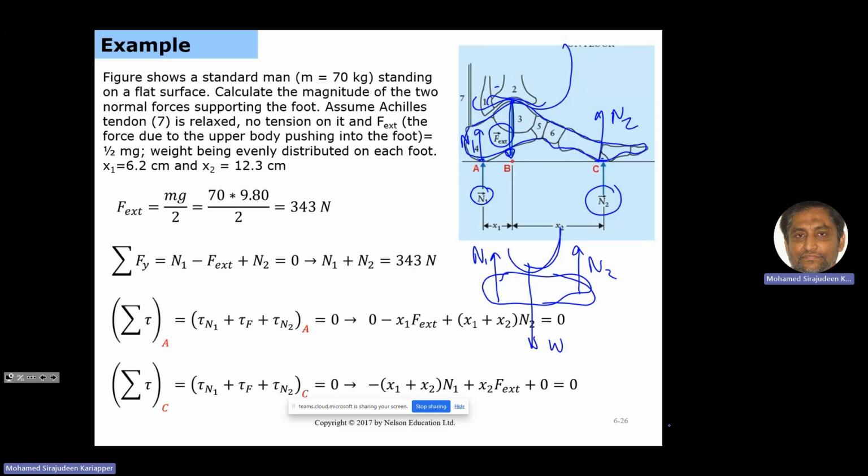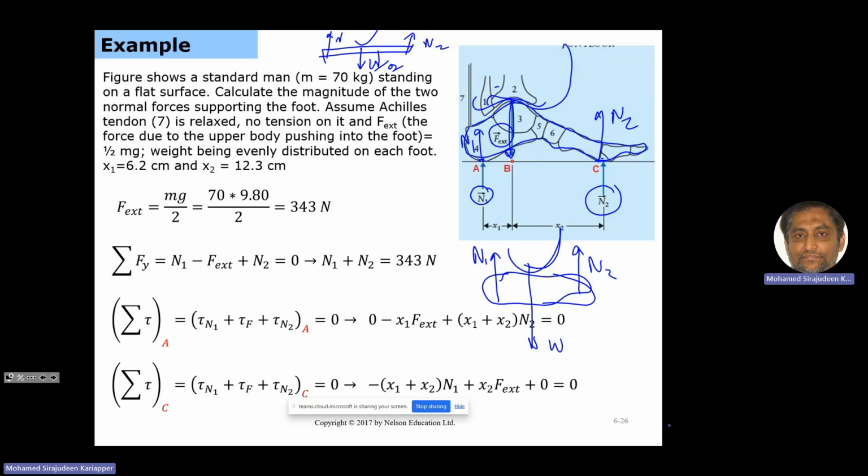So you can model it like, say, just something like a rod, and here N1, here N2, and from the rest of the body above him, the weight, not the total weight, because we are looking at only one foot, right? Say the right foot. So the weight will be half of the weight of the man, right?